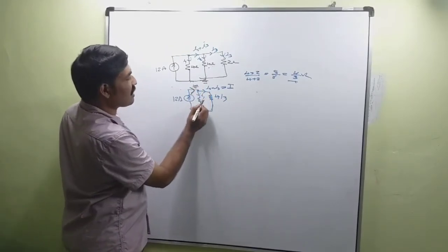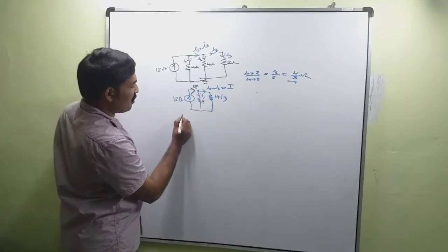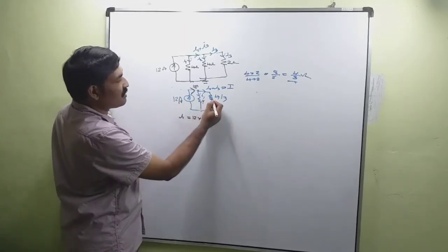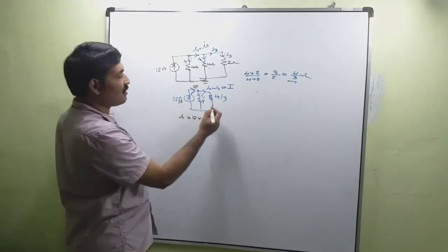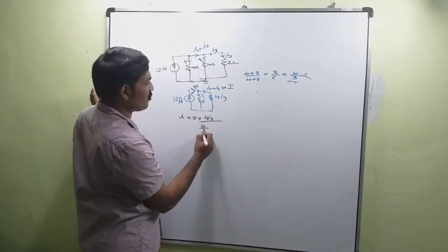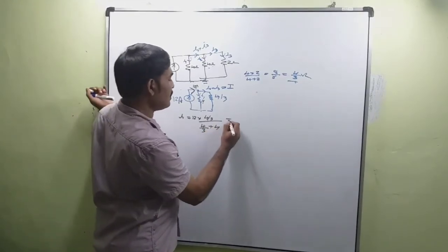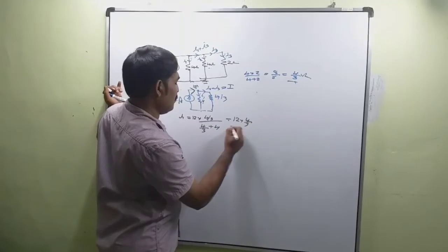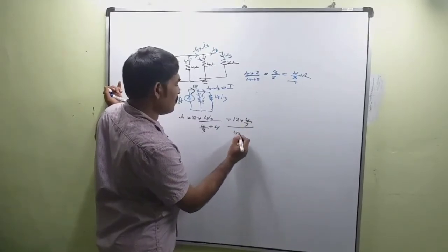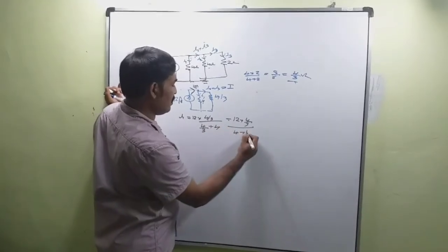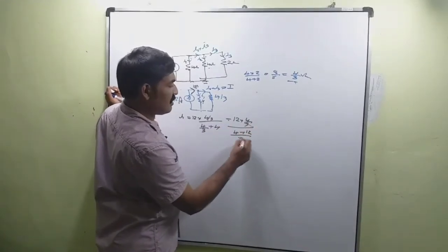So this current I1 is equal to total current 12 into the resistance on the other side, that is 4 by 3, divided by total resistance 4 by 3 plus 4. That is equal to 12 into 4 by 3 over, taking the LCM in the denominator, 4 into 3 plus 12 by 3; the 3s cancel.